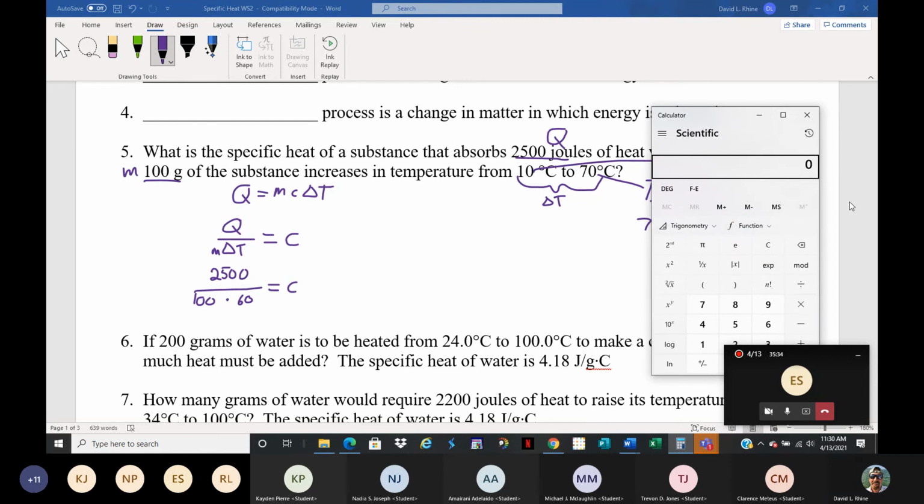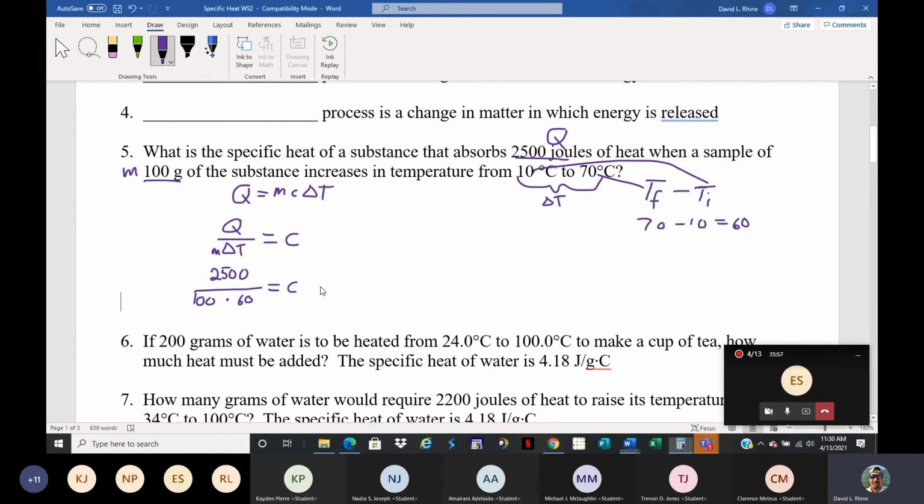Okay, so 2,500 divided by, what is that, 6,000? 0.42 if you want it to. Did my math right there, right? Okay, so was that 0.41 or 0.42?